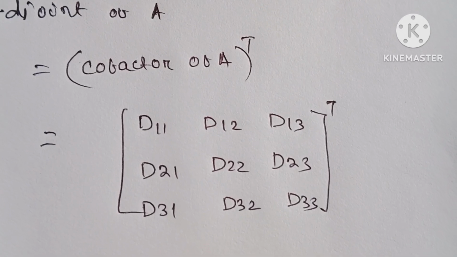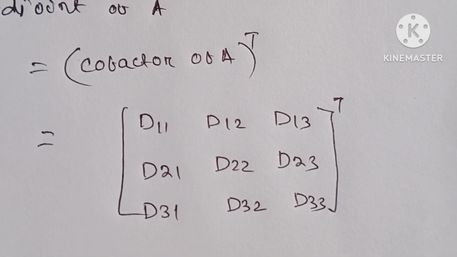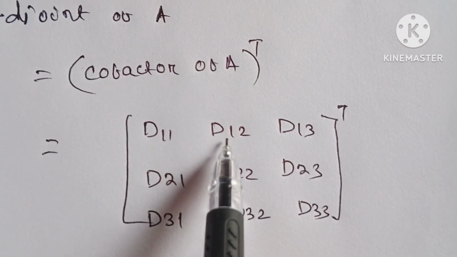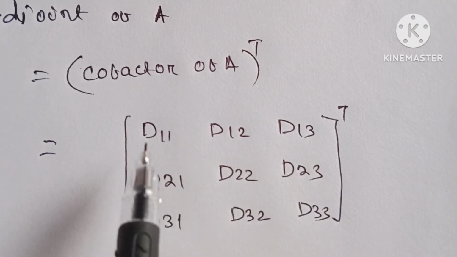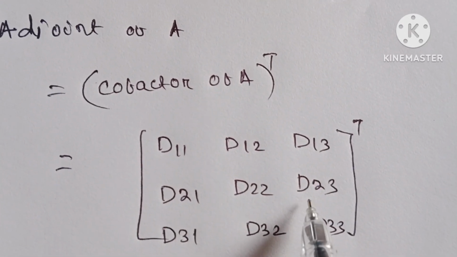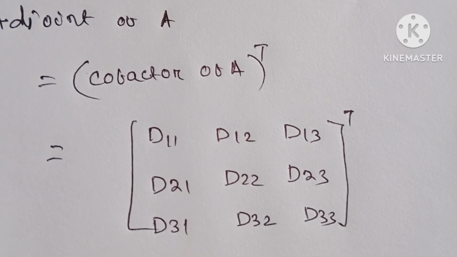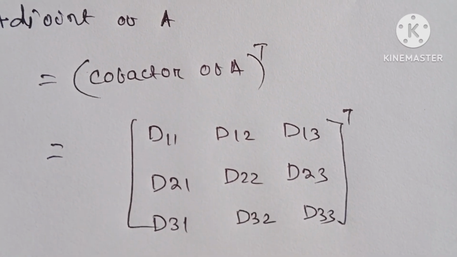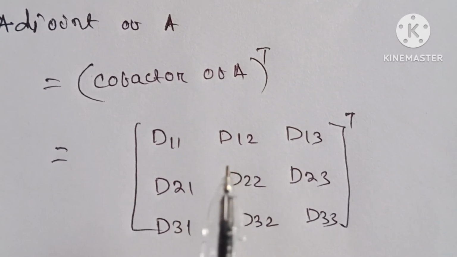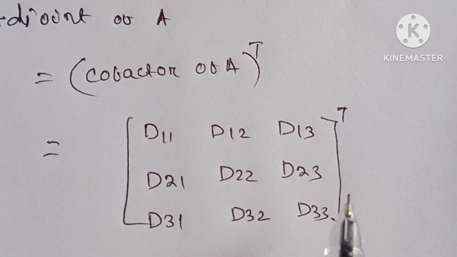Transpose of any matrix means rows become columns and columns become rows. That means d11, d12, d13, the first row, becomes the first column, the second row becomes the second column, and the third row becomes the third column.